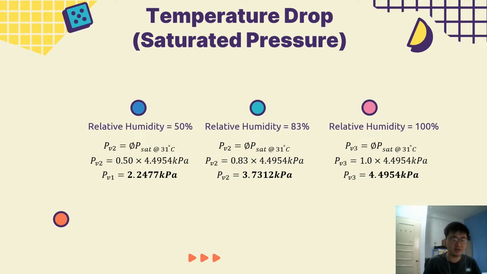For 50% we times 0.5, for 83% we times 0.83, and for 100% we times 1. So we'll get the saturated pressure according to the relative humidity. PV1 is 2.2477, PV2 is 3.7312 kilopascal, and for the last one, 100% humidity, because we times 1, we'll get the same 4.4954.